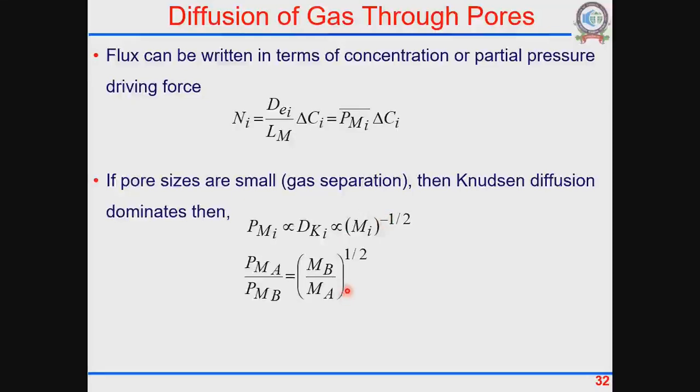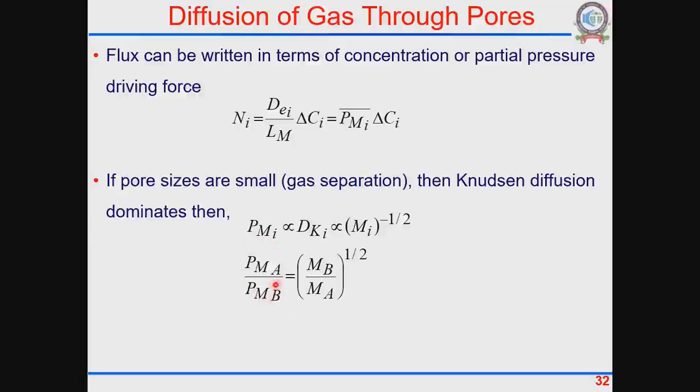So if you have two molecules, let's say A and B types, the permeability of the membrane for molecules of A type divided by the permeability for molecules of B type would just be proportional to the square root of the ratio of the molecular weight of B to the molecular weight of A. For example, let's say A is hydrogen and B is methane. Hydrogen is 2, methane is 16.